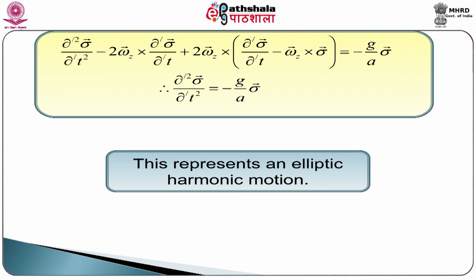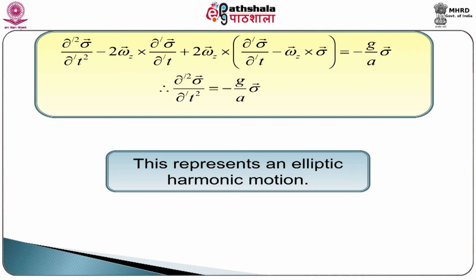Thus, we have ∂'²σ vector/∂t'² minus 2 omega_z vector cross ∂'σ vector/∂t' plus 2 omega_z vector cross ∂'σ vector/∂t' minus omega_z vector cross sigma vector equal to minus g divided by a into sigma vector.